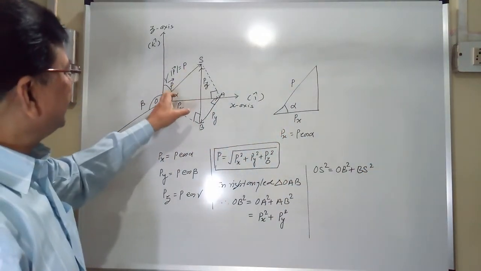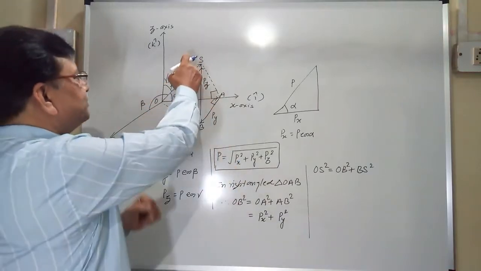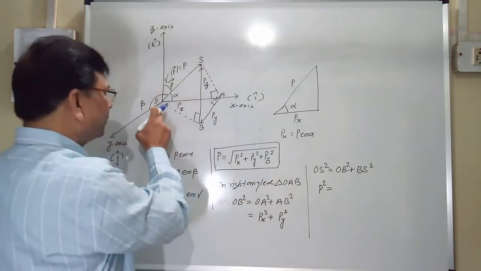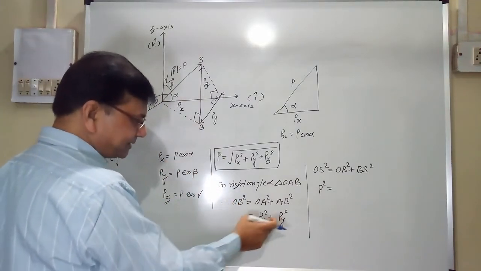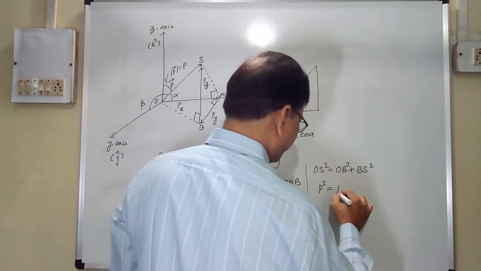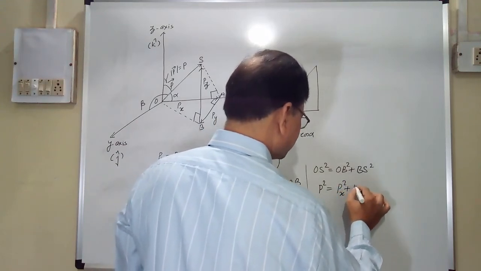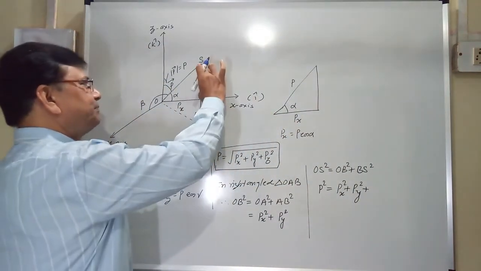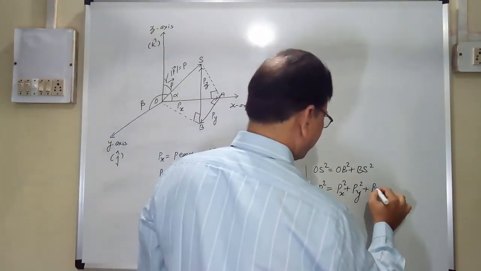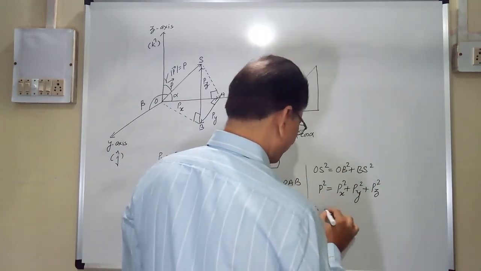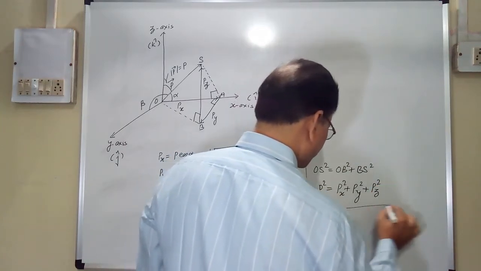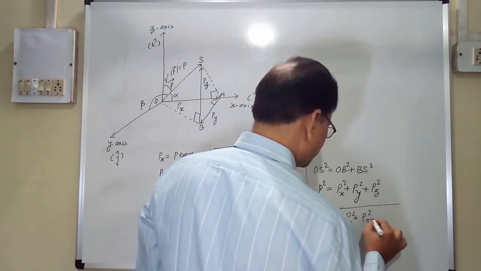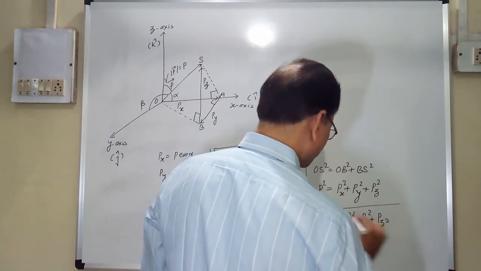So OS is the length, that is the capital P, so P square is equal to OB square, and OB square is px square plus py square. What about BS? BS is pz, so that will be pz square. Therefore p is equal to under root px square plus py square plus pz square.